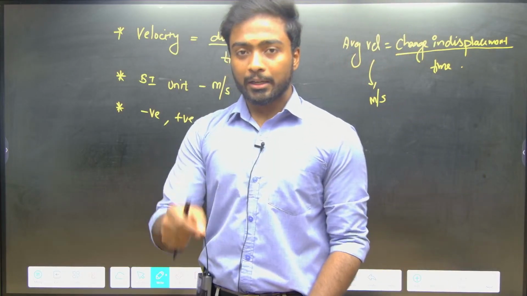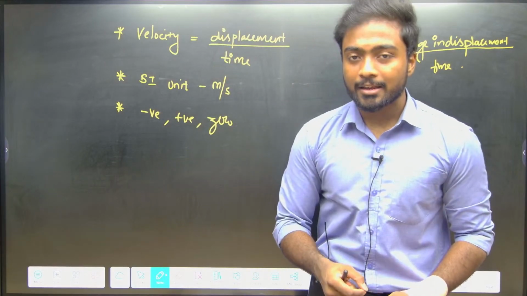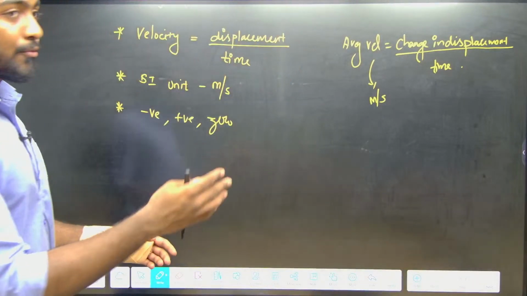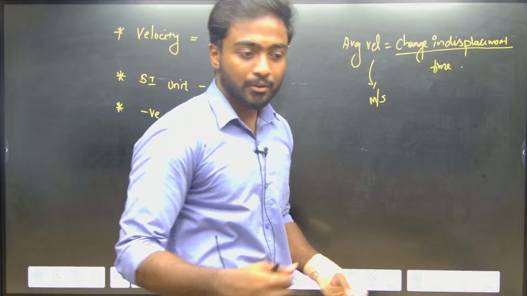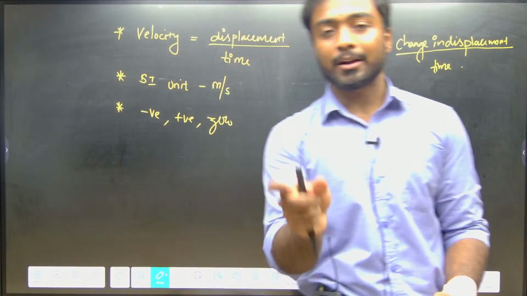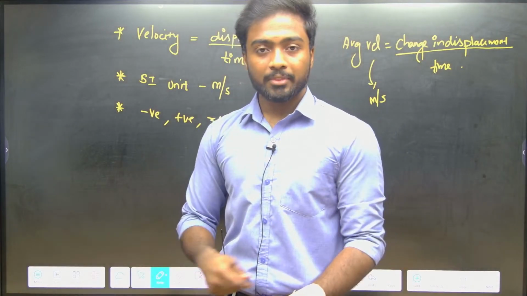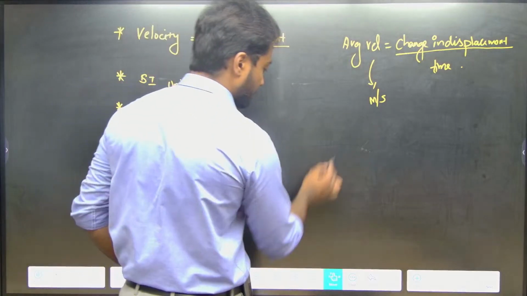That velocity at that particular instant is called instantaneous velocity. So average velocity is different, average speed is different, and instantaneous velocity is different. We will have different definitions for every term, and now we will see problems based on what we have seen.